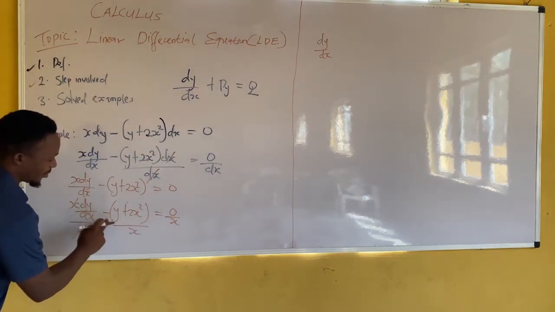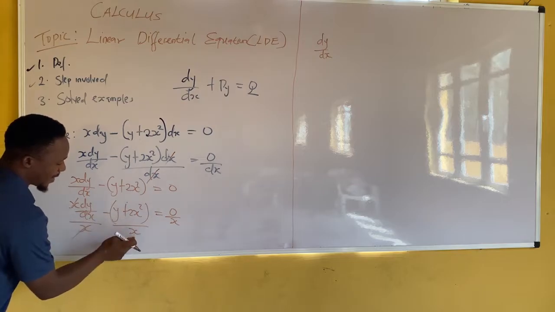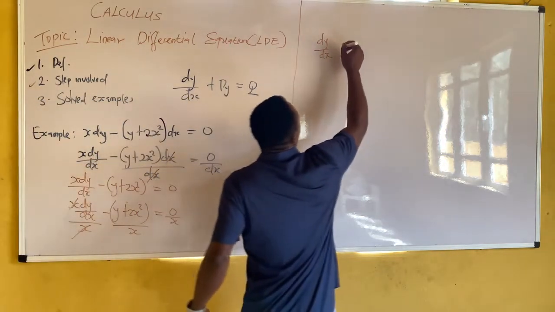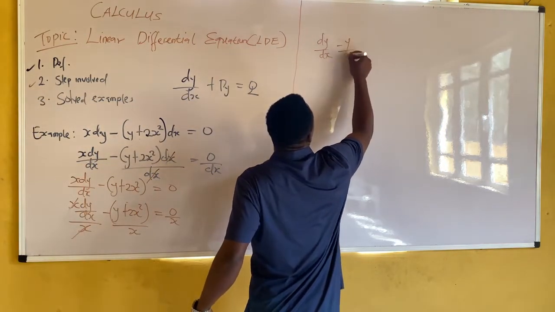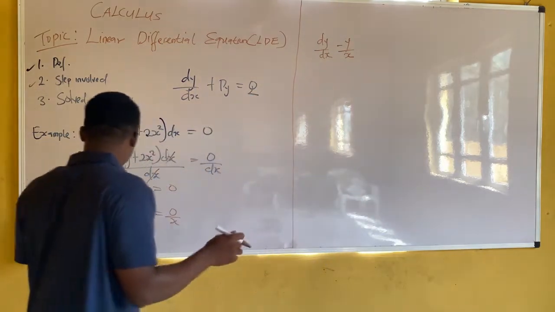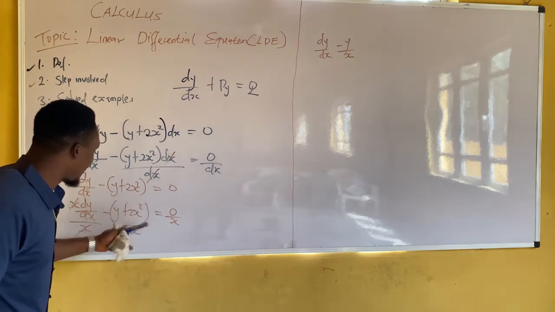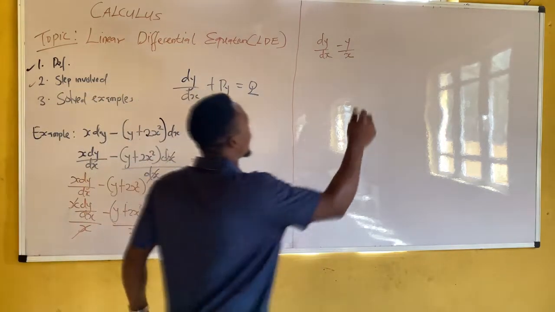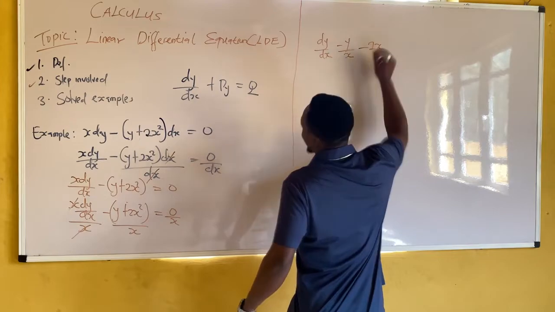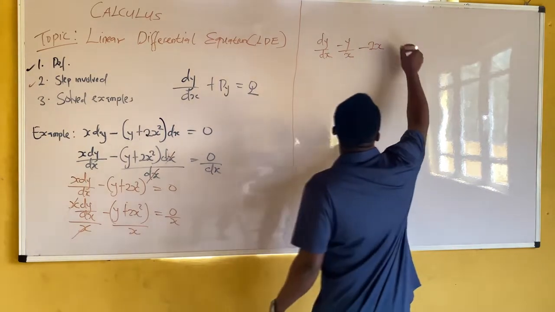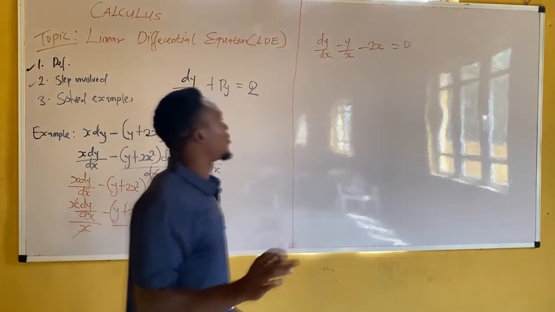If we want to expand this back, we are going to have minus y. And minus y divided by x will be minus y over x. Also, similarly, minus times minus 2x squared, we have minus 2x squared divided by x. One x will cancel that. So we are going to have minus 2x. And 0 divided by x is 0.